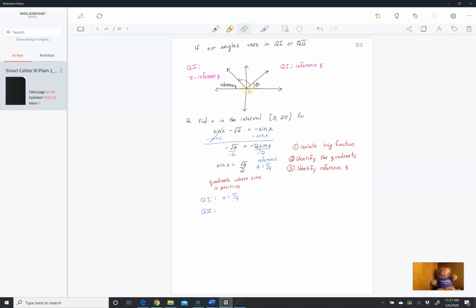So we want to know what this angle in pink is, if we start at the positive x-axis and go to our terminal side. That's pi minus pi over 4. If we multiply by 4 over 4, this is the same thing as 4 pi over 4 minus pi over 4, or 3 pi over 4. So these are our answers here.